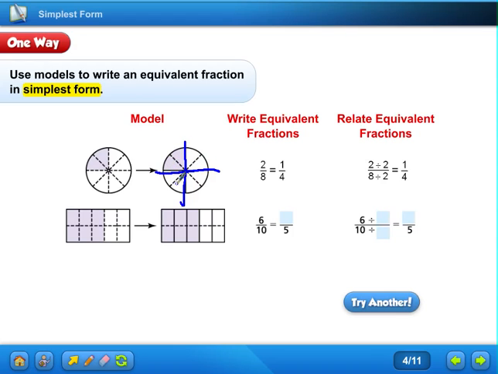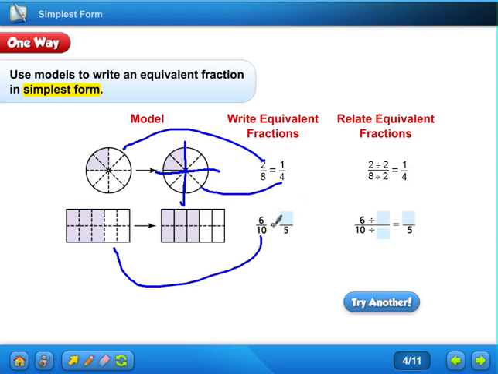All right, let's try the next one. Here there is 10 total boxes, and 6 of them are shaded in. So we have 6 tenths right here. This equals this, just like this equaled that, and this will equal this.